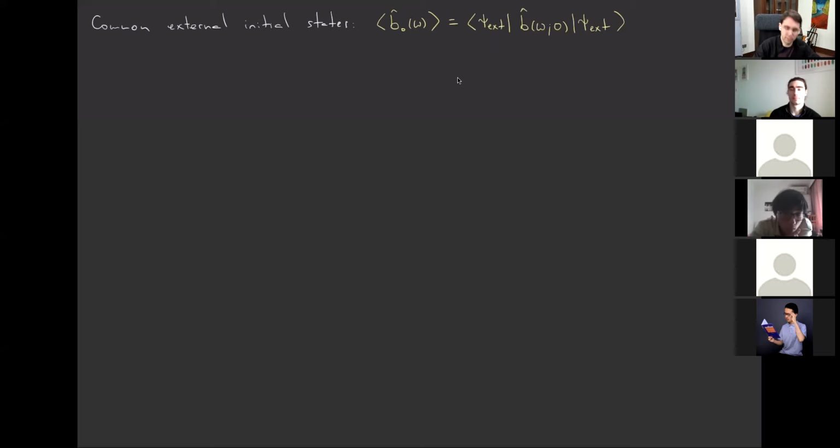So what happens if I assume that the external field is in vacuum? Okay, so I have nothing outside of the cavity, just the vacuum of the electromagnetic field. Then in this case, the external state is just the vacuum, so it's annihilated by the external annihilation operators, and this I will write symbolically in this way.